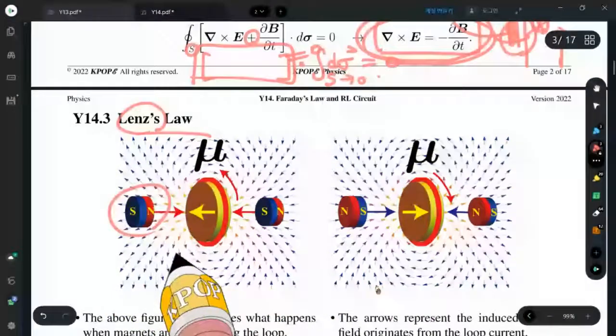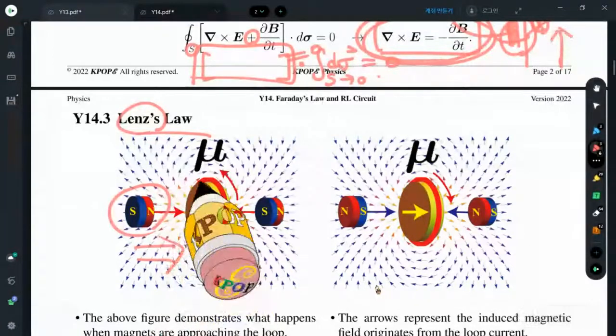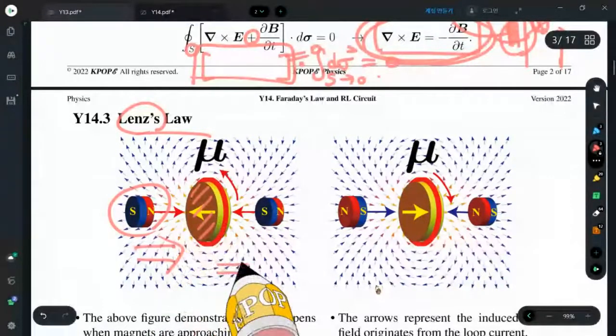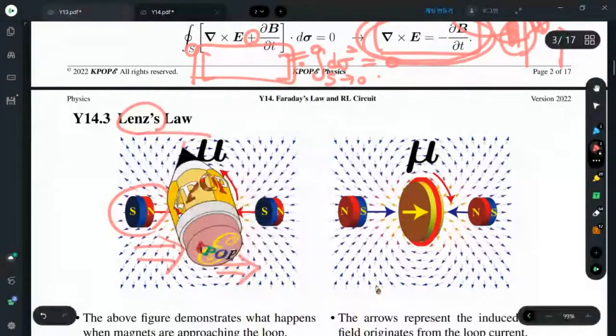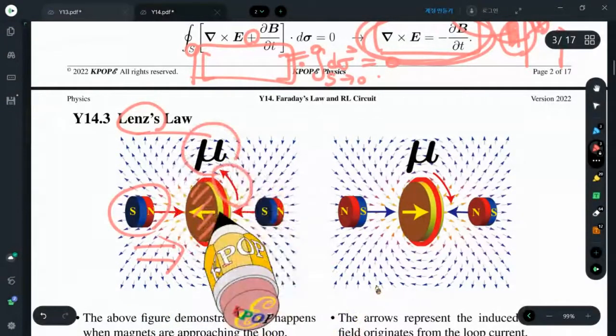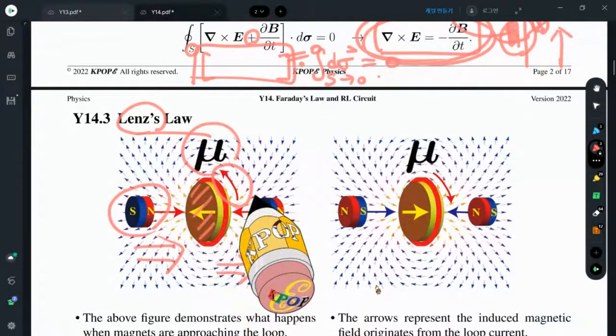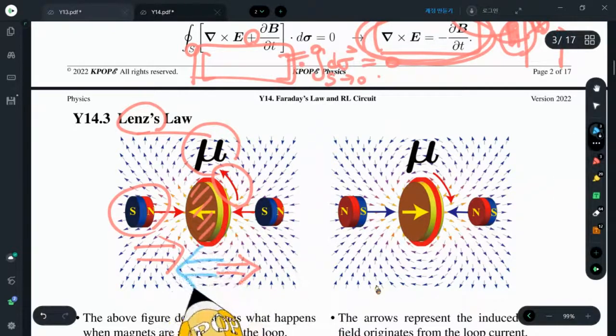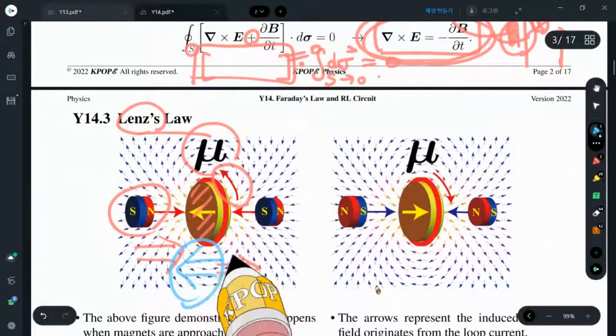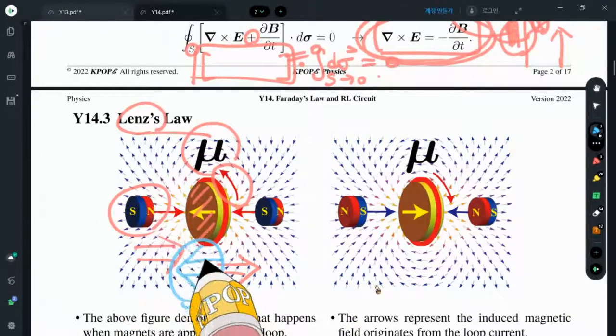If the North Pole is coming in, flux through this direction increases. The direction of the induced electric field due to the changing magnetic flux is to oppose the change in the magnetic flux.